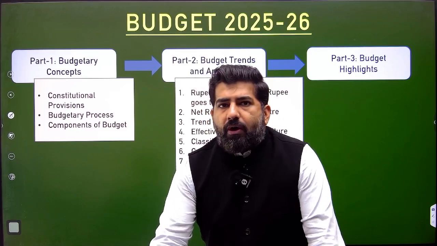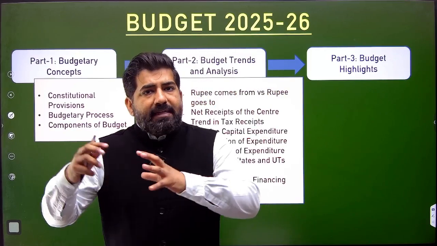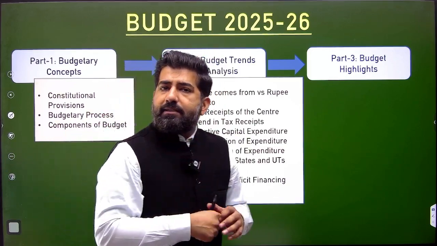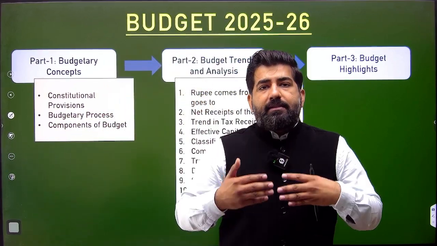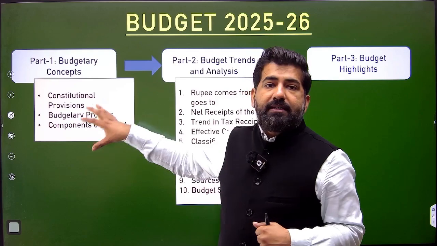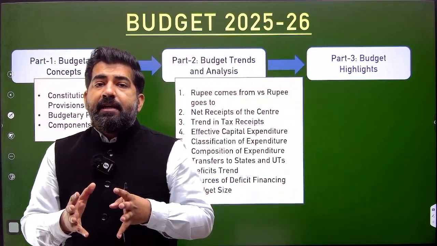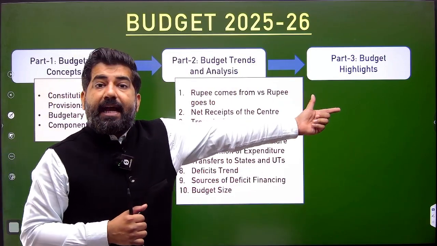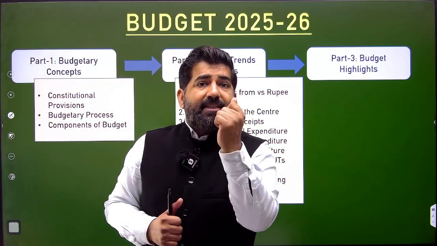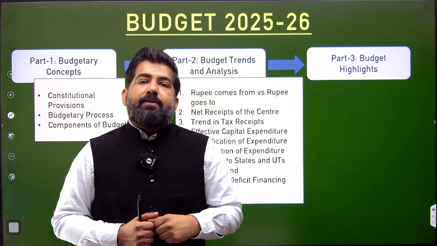I am very sure that Kumud Ranjan sir, who has taken our Pulse Polity classes, must have discussed those concepts in the classes itself. But as the budget is an economic document, I cover these also, so that you get a clear idea that the budget is not just about budget highlights. A question came from here, the Appropriation Finance Bill question in prelims, and it was not answered by many of the students.